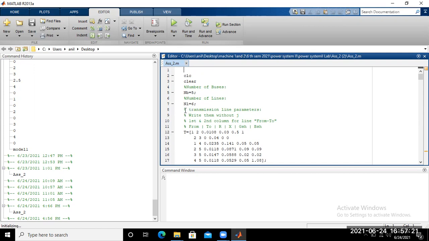The connection of all branches to each other need not be compulsory, connecting one bus to all other buses is not our requirement. It may or may not be connected, depending on the system.